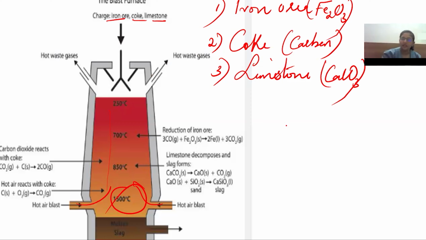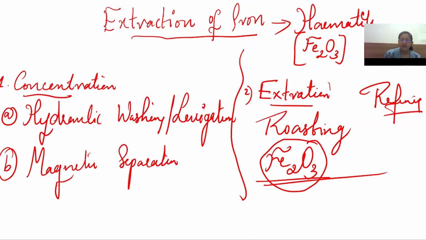And one more thing you have to remember here. After roasting, which means we are heating in the presence of air, most of the impurities will move up as gases. But there is one impurity in this hematite which is not gone.